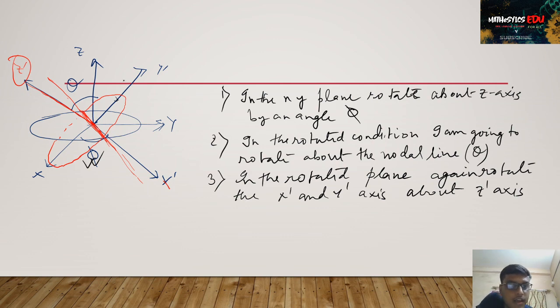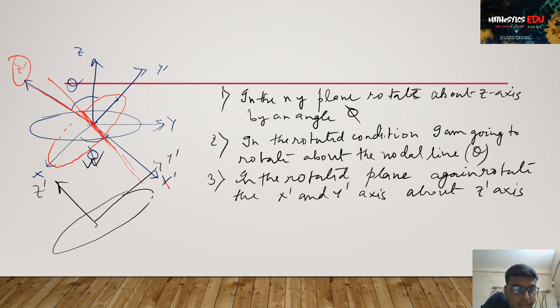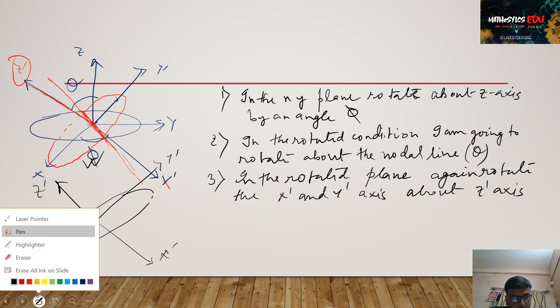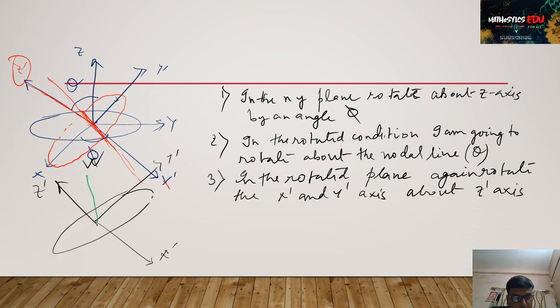That means now my plane is something like this, with this as the z dash axis, this as the y dash axis, and this as the x dash axis, right? Yes. So about this point I will rotate. Let me change the color of the pen. I rotate it, it becomes something like this. Let me say this angle is something called psi.